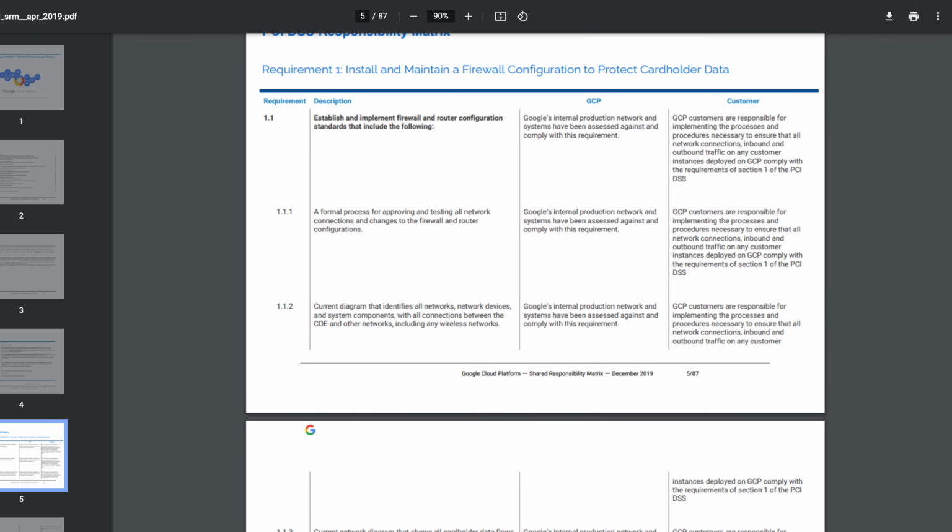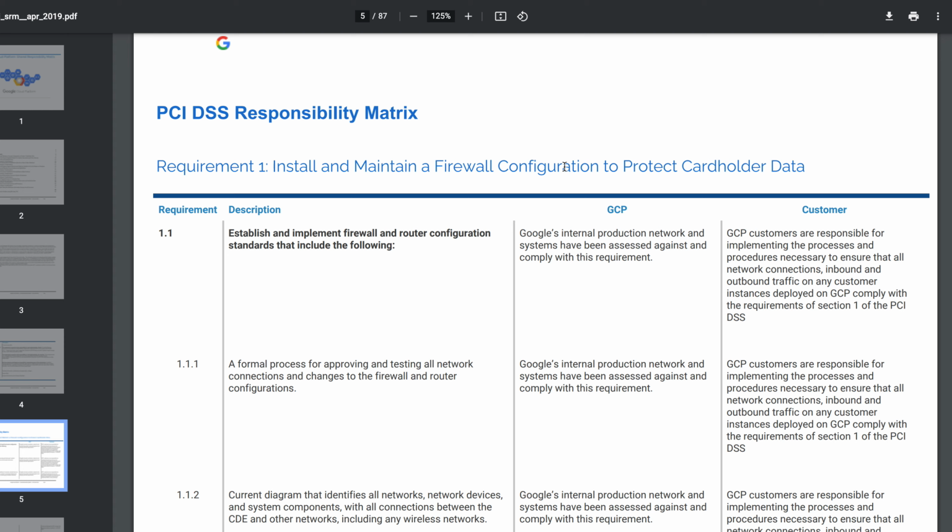So when you take a look at your PCI DSS responsibility matrix and how Google looks at it, we have the description, requirement 1.1, Google's internal production network, but here's what the customer is responsible for.